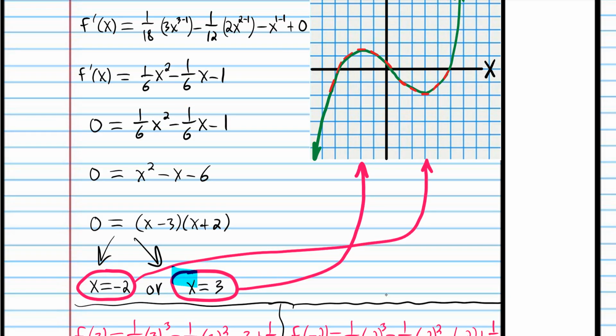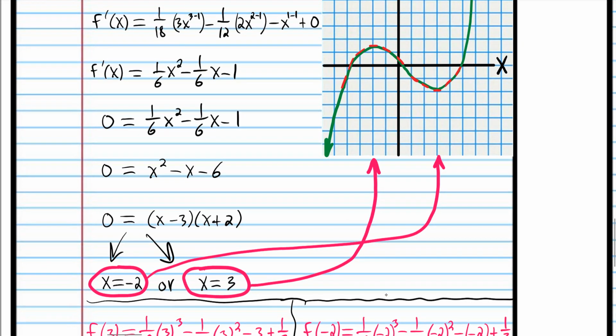We find that if x is -2 or 3, then the derivative function is equal to 0. So when you look up at this graph, guess where the top of this hill occurs and the bottom of this valley? They occur at those exact x values. So the top of the hill occurs at x is equal to -2, and the bottom of this valley occurs when x is equal to +3.